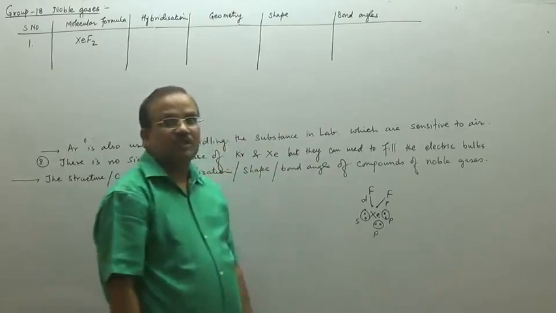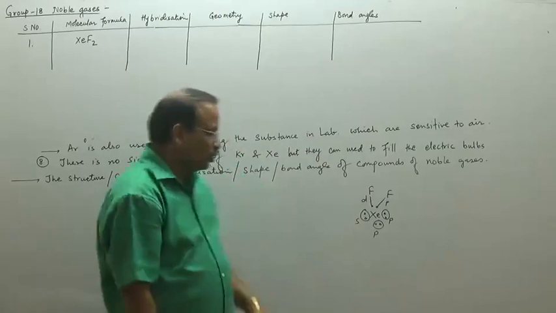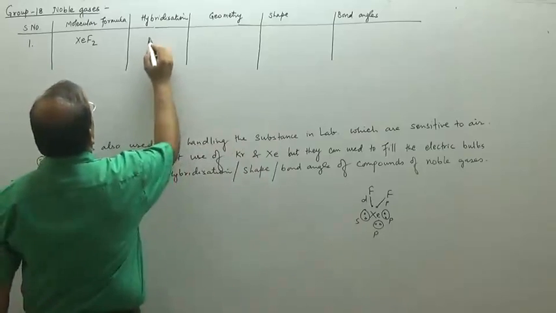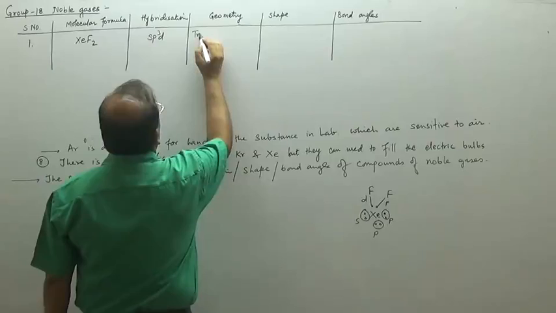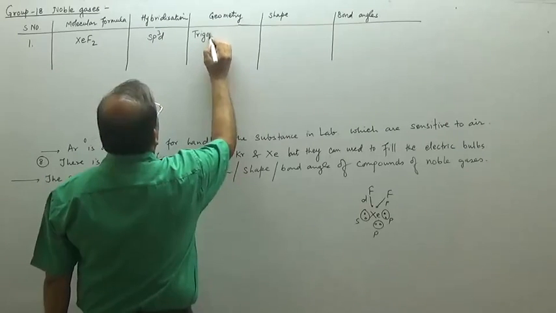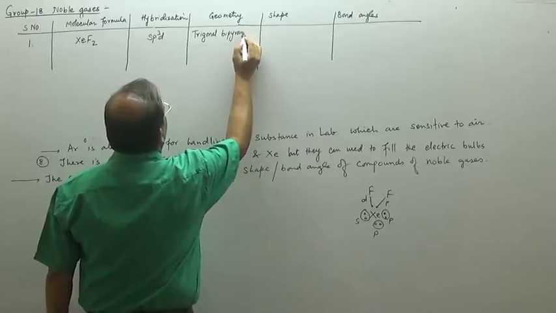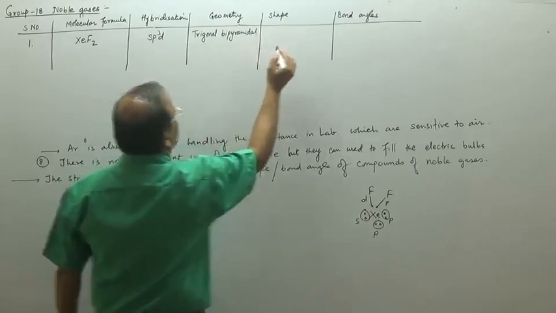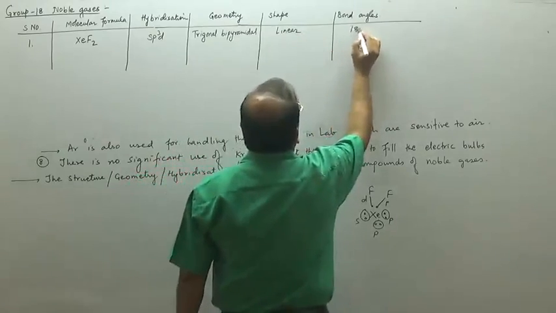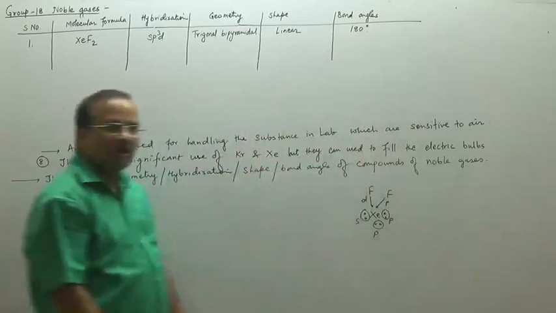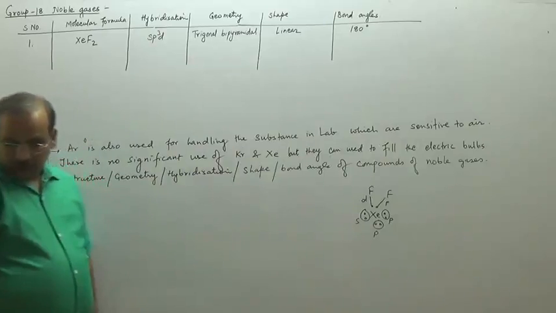So the hybridization is sp3d. The geometry is trigonal bipyramidal. There are 3 lone pairs, so the shape is linear. The bond angle is 180 degrees.